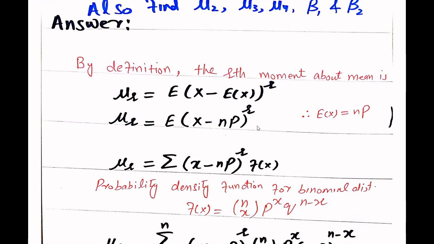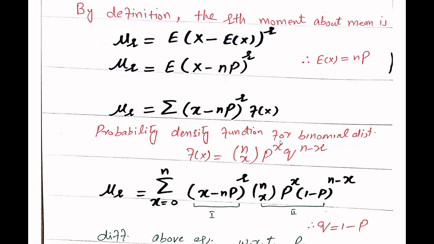So by expanding this expectation, sum of x minus np whole power r, f of x, where f of x is the probability density function for binomial distribution, which is ncx p^x q^(n minus x). So put the values in this equation.